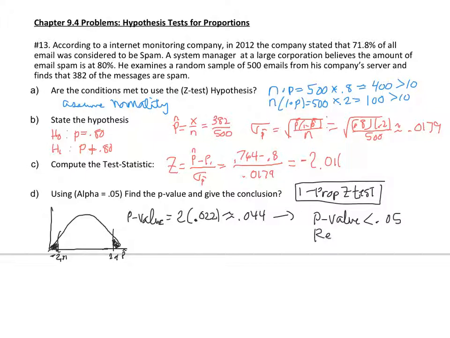So we reject H naught, and we state that in fact the percentage of emails that end up in spam is not equal to 80%.